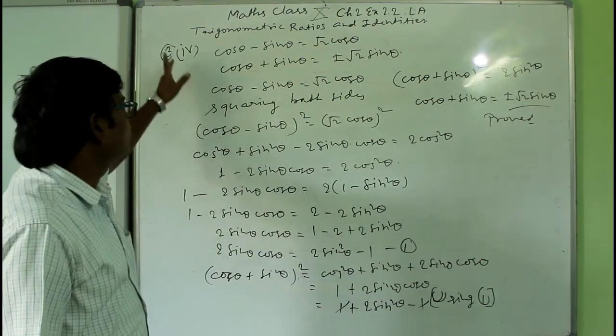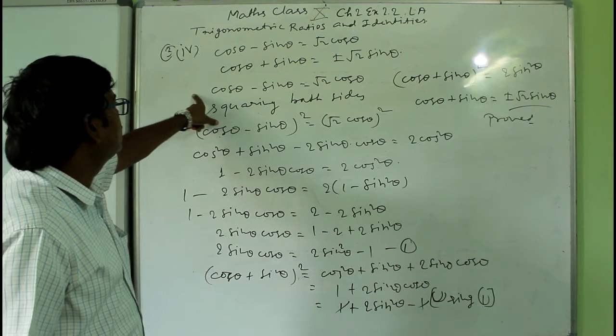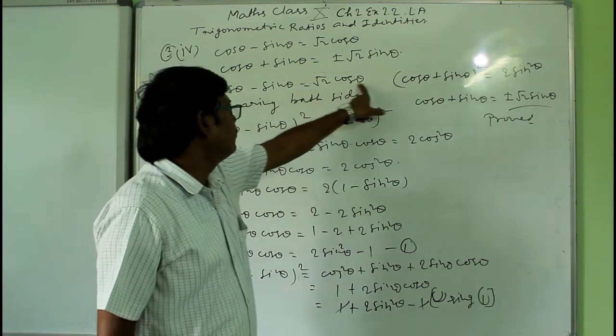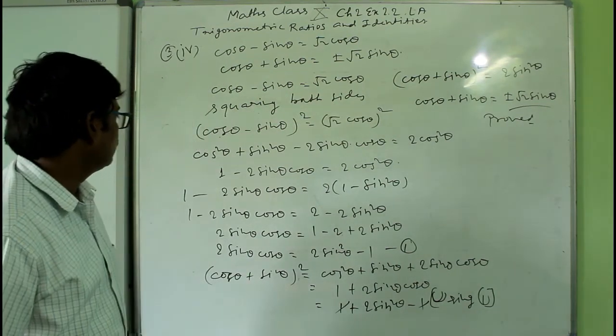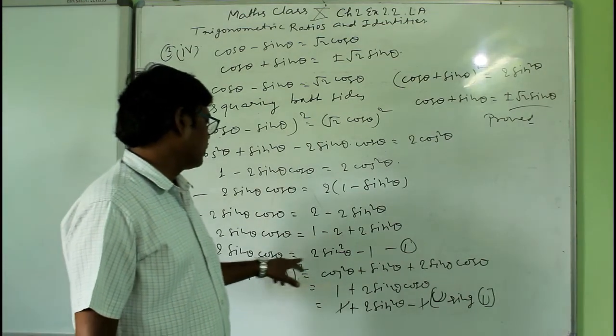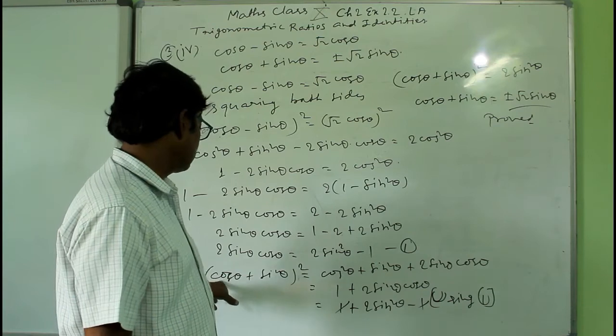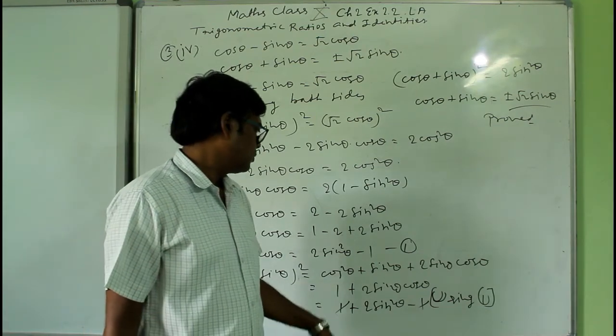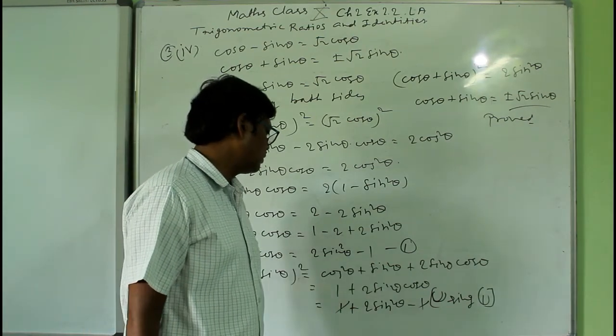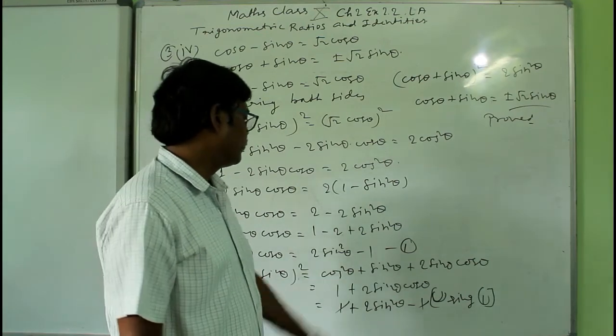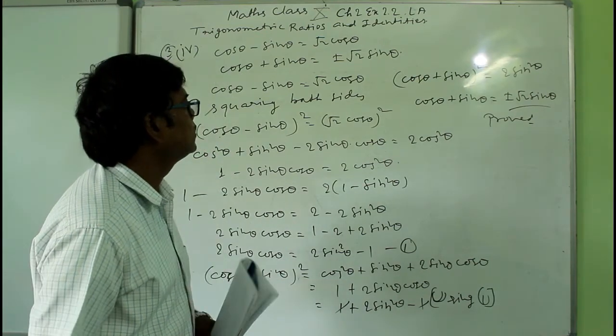First we have this given step, and from this we will find the value of 2 sin theta cos theta. Then we will use the identity that cos theta plus sin theta whole square equals the expansion, put the value and solve, then we will get the answer.